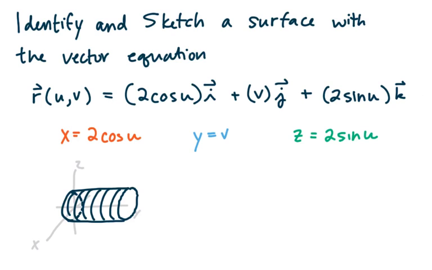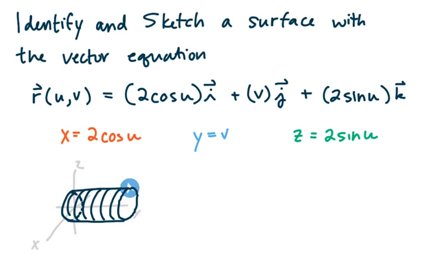So some questions that we could think about here. If we created a restriction on v, saying v has to be between some specific values, what would that do to this cylinder, which currently is extending infinitely in either direction along the y-axis?